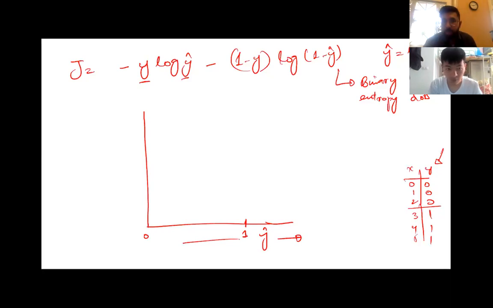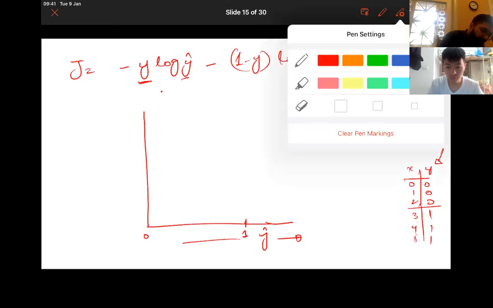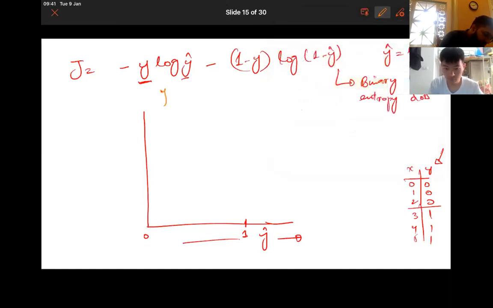So what are possible values for y? 0 and 1, exactly. So let's first look at the case when y is equal to 1. So I'm just going to take a different color. First, I look at the case when y is equal to 1. Okay, when y is equal to 1, this term goes to 0, right? Because it has this 1 minus 1 here. So let's try to plot this part.